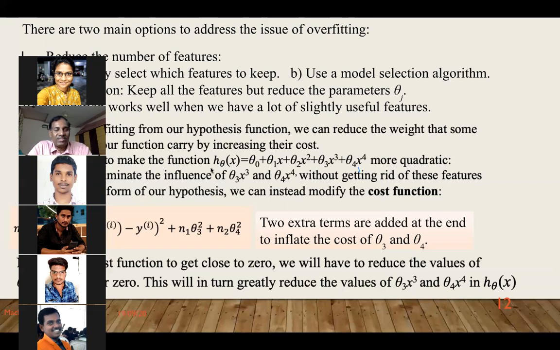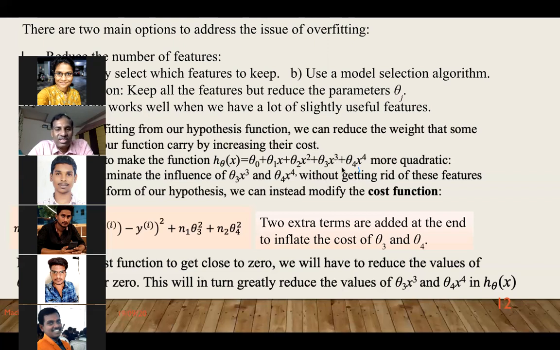Say we wanted to make the function h theta x more quadratic. We will want to eliminate the influence of theta 3 x cube. More quadratic means you don't want to eliminate the higher order terms completely, but their influence should be less. How do you make the theta 3 x cube and theta 4 x power 4 terms less contributory to h theta x?